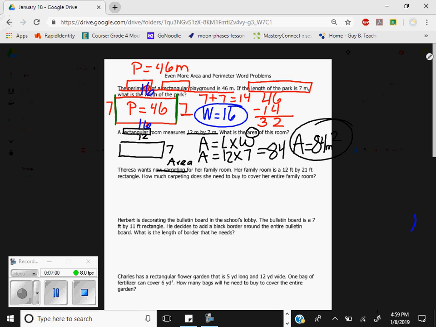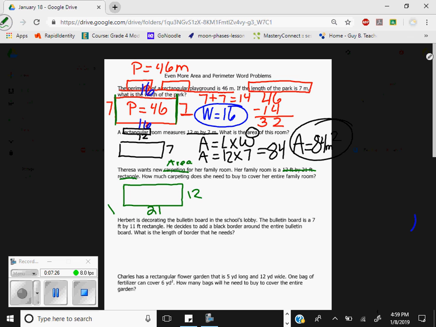Maybe I should do it something other than black because I used black above that. Student green. To me, that sounds like area. And I know that her room is a 12 by 21 rectangle. So I'm going to draw a rectangle. I'm going to put 12, 21. It says how much carpeting does she need to buy to cover her entire family room?